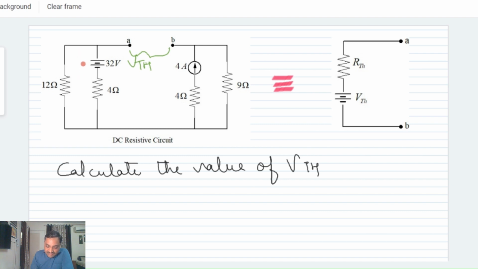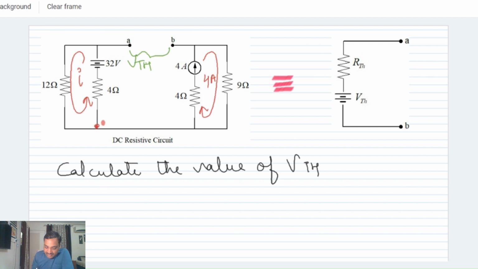So this will be mesh 1, and I am assuming that current I is flowing through mesh 1, and for mesh 2, the current flowing we can directly take to be 4 ampere, because a 4 ampere current source is connected in this mesh. So the only unknown current is I, and we can determine the value of I by applying the KVL through this mesh.